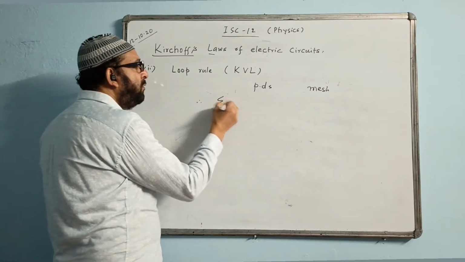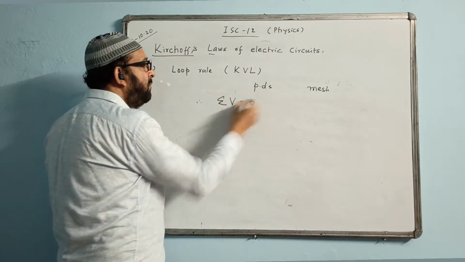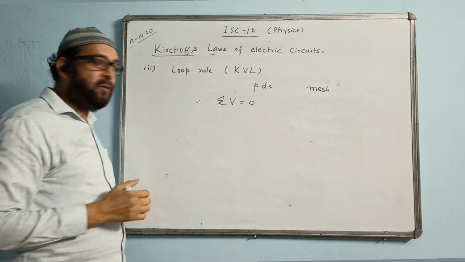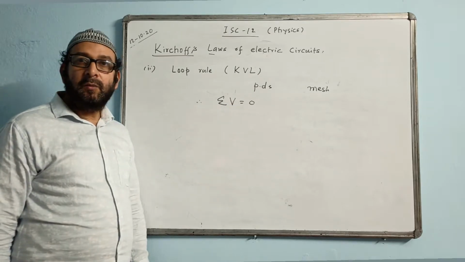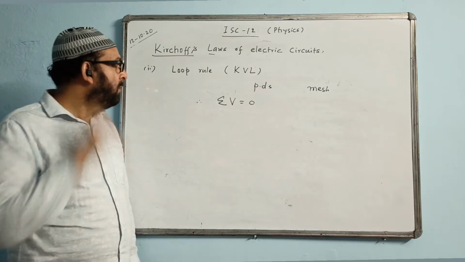Therefore, here we write summation of all the voltages, all potential differences, will be zero. Sigma V equal to zero. The sum of all the voltages must be zero.